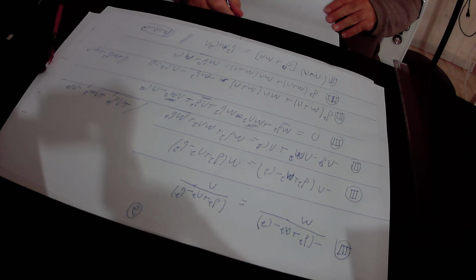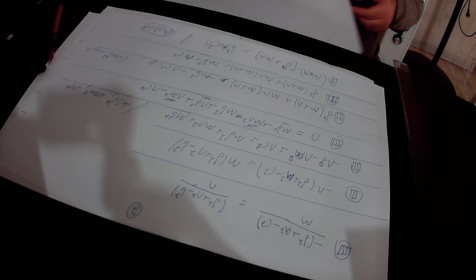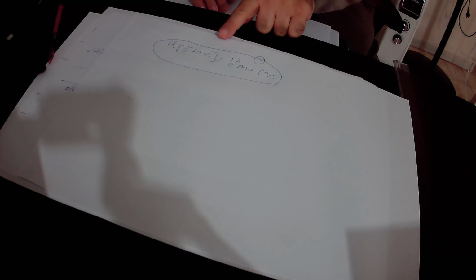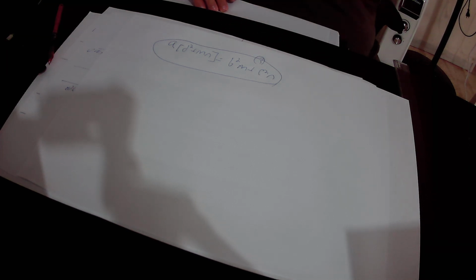Inside the bracket we will have d square plus mn, so a times (d square plus mn) equals b square m plus c square n, and this is exactly Stewart's theorem. So we prove Stewart's theorem according to the second method.